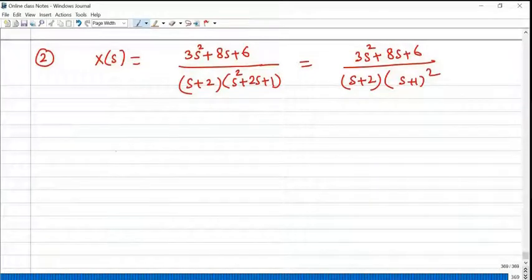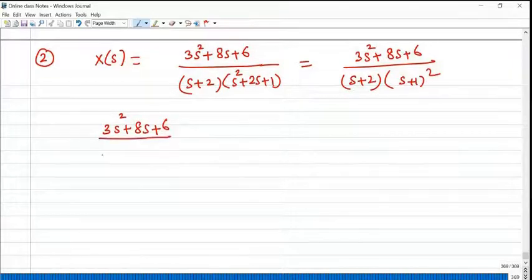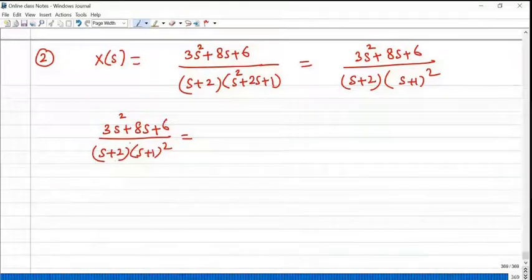Already I told you how to do this factorization in Fourier transform, inverse Fourier transform. We have done it. (s + 2) is a simple pole, only one order, but (s + 1) is order 2. So what do you have to do?